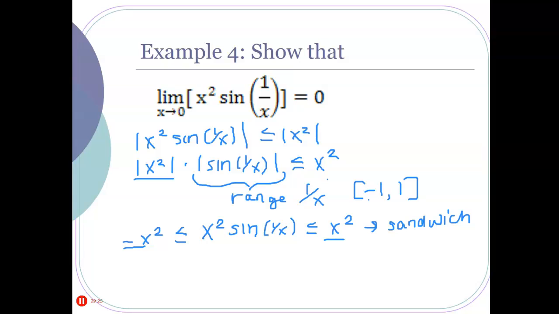If I asked you now to find the limit of all of these, what is the limit as x approaches 0 of -x squared? Plug in 0 and you get 0. What's the limit as x approaches 0 of x squared?